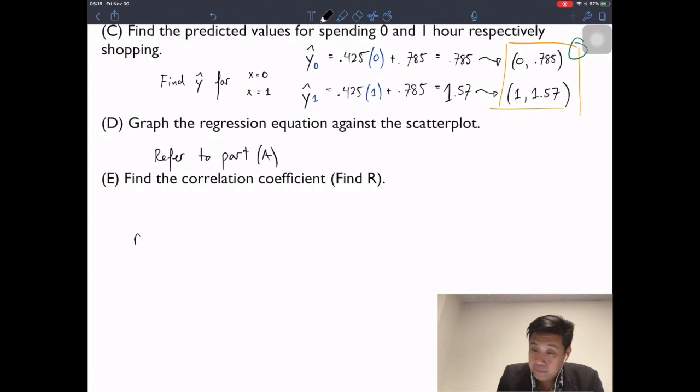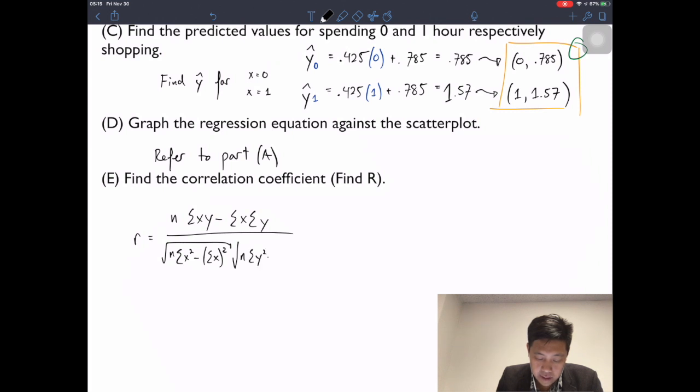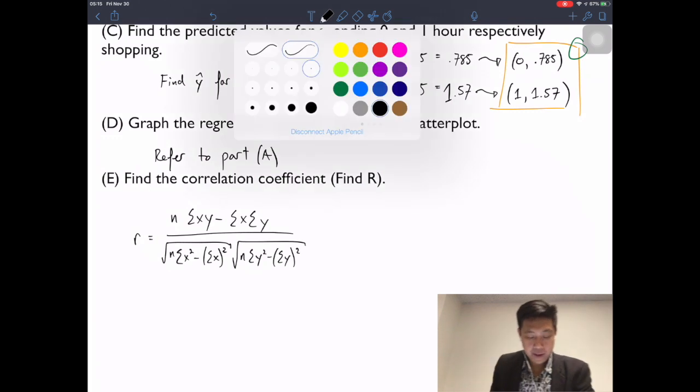This is n summation xy minus summation x summation y, over the square root of n summation x squared minus summation of x quantity squared, square root again, and n summation y squared minus summation y squared. Okay, so some things to note to make your lives a lot easier.